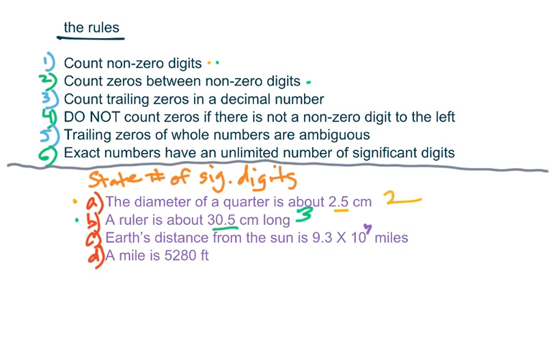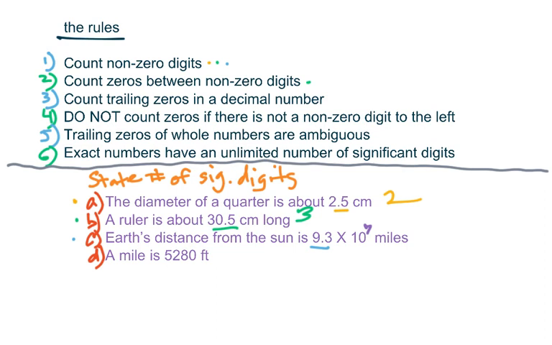This is where it gets a little weird. So the Earth's distance from the sun is about 9.3 times 10 to the 7th miles. So again, we know from the first that we count the non-zero digits. So we're looking at that 9.3. So I'm at 2. Count the zeros between non-zero, there are none. Count trailing zeros in a decimal number. Well, this isn't going to be a decimal number.